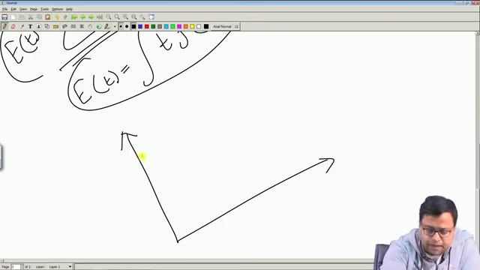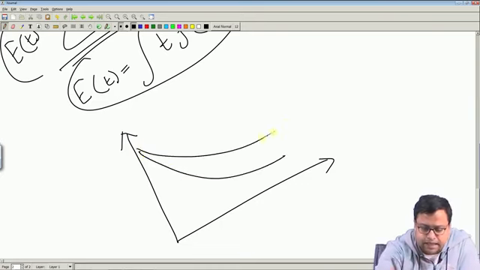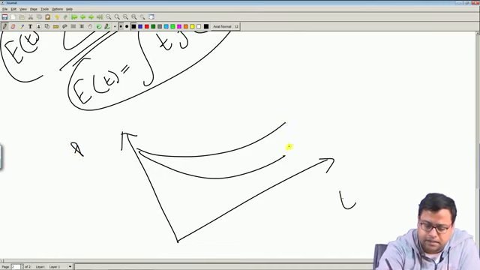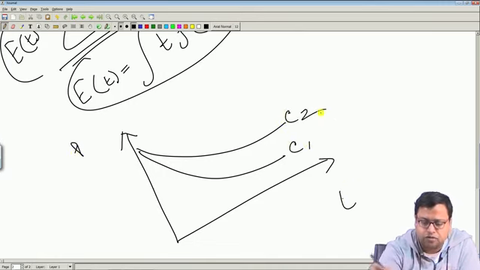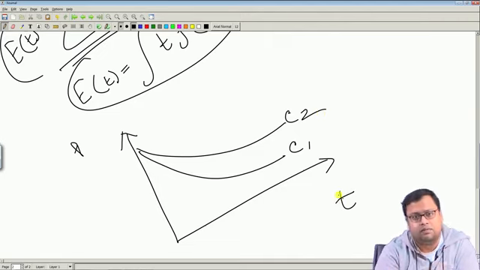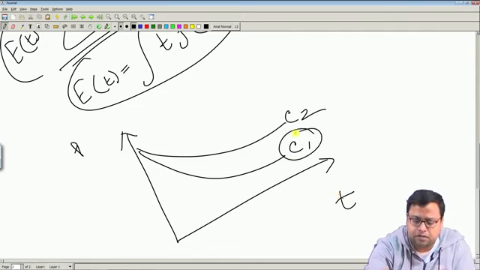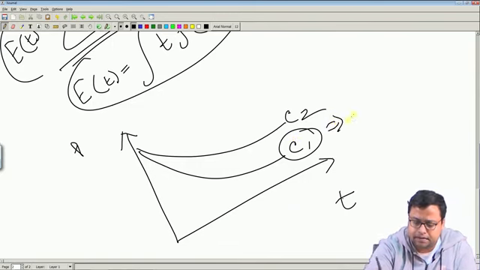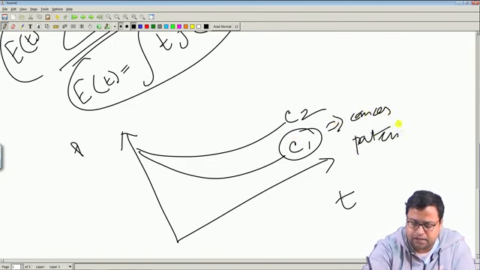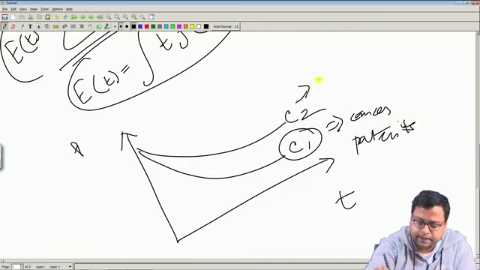So, let us say there are two curves which look like this: this is probability, this is time, this is curve 1, this is curve 2, which are group 1 and group 2. As time increases, as you get older, your probability of living comes down, obviously. But for the C1 group, who let us say are cancer patients, it is much lower than for people who are not cancer patients.